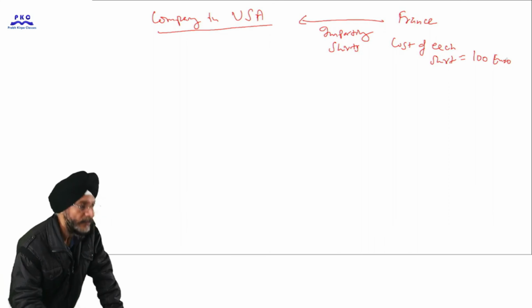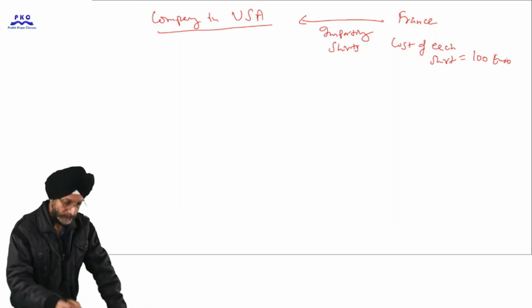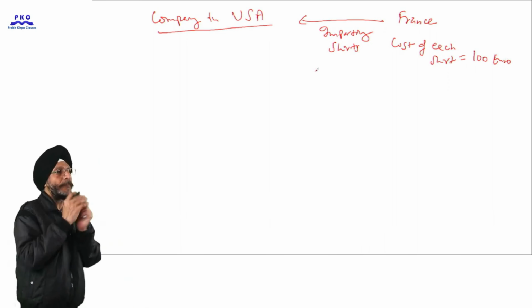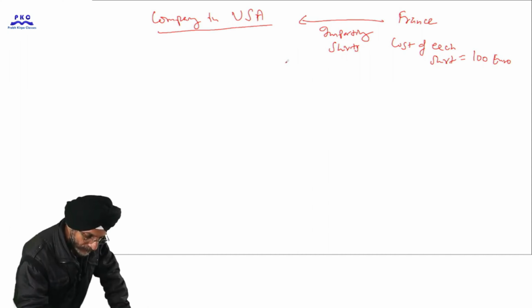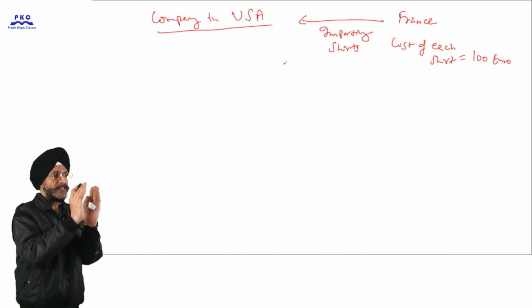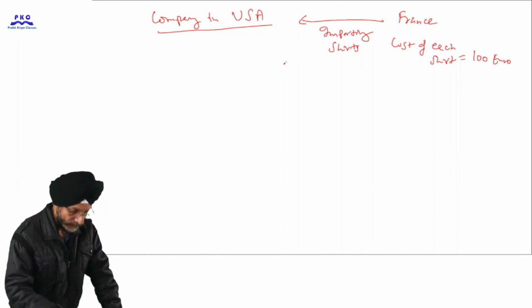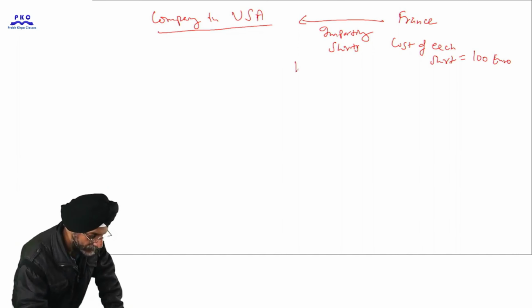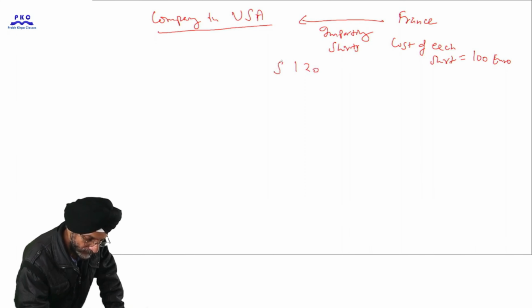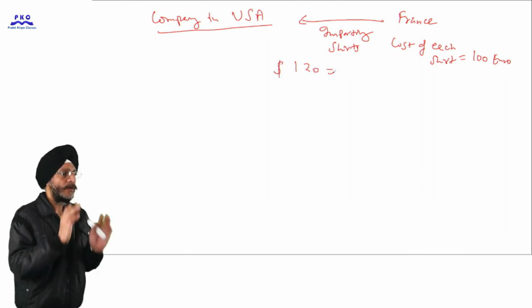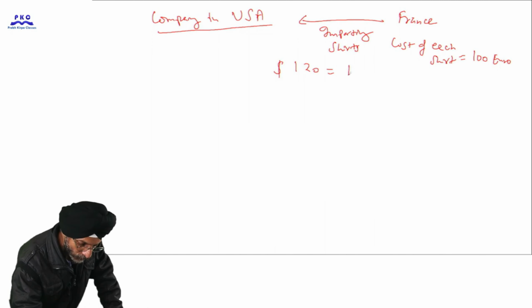Now we also assume that when we are importing shirts, the exchange rate between US dollar and euro is 120 US dollars equal to 100 euro.